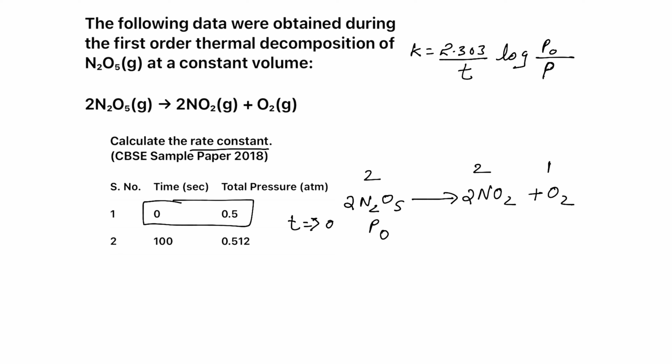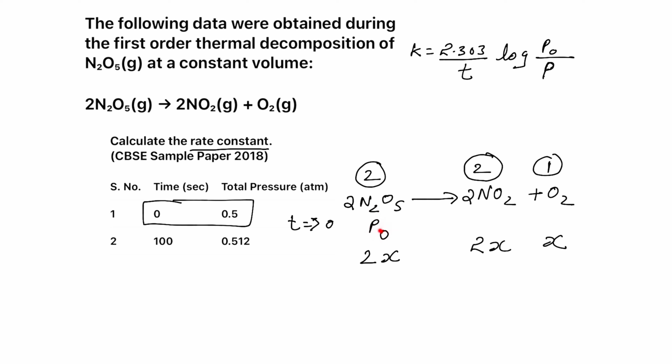Assume that the reduction is 2x. Now, as per the stoichiometric ratio, what should be the increase of pressure due to the product? It will be 2x and x. You can see NO2 and O2 are forming. So this much increase of pressure will be there, and for N2O5, this much decrease of pressure will be there.